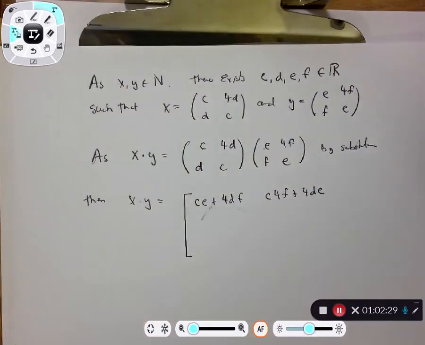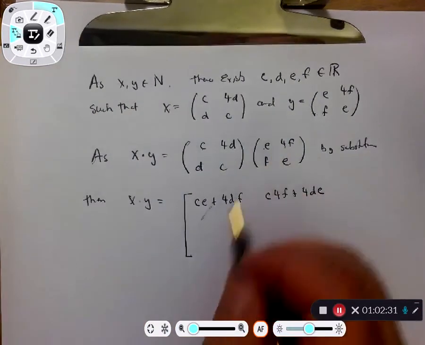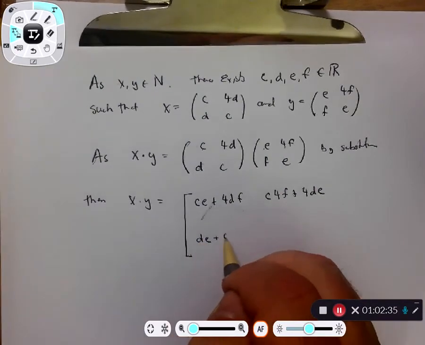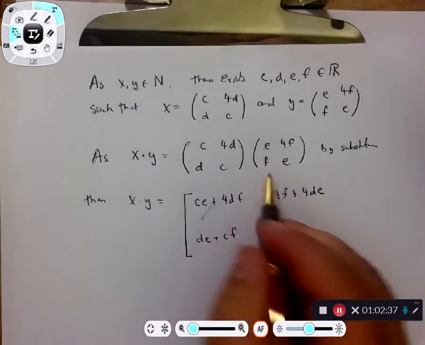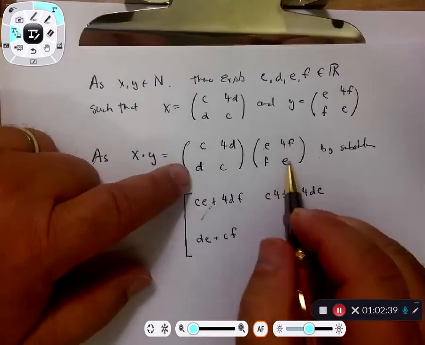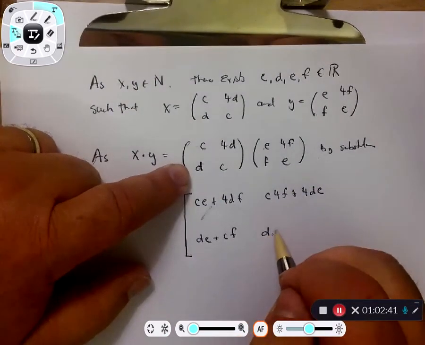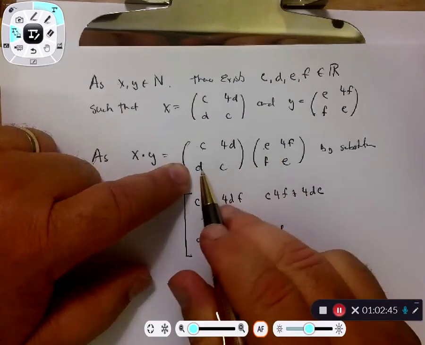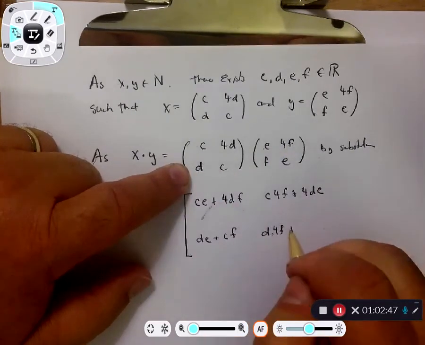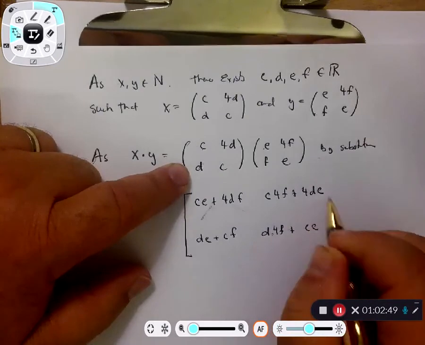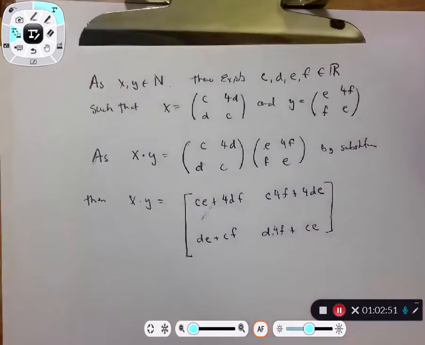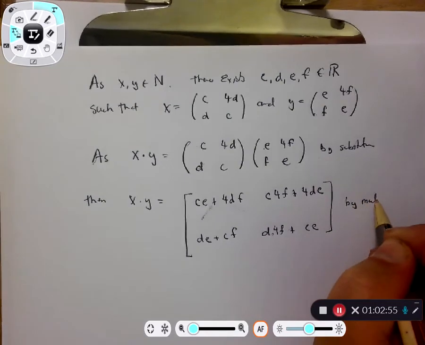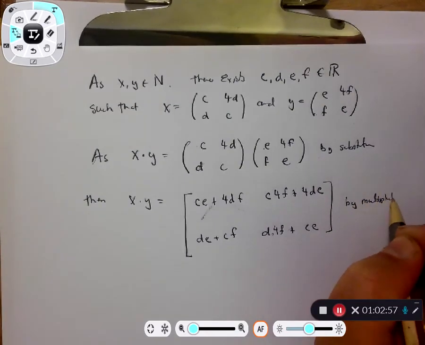Second row, first column, D times E plus C times F, and then second row, second column, D times 4F plus C times E. Okay, by this time we're just doing matrix multiplication.